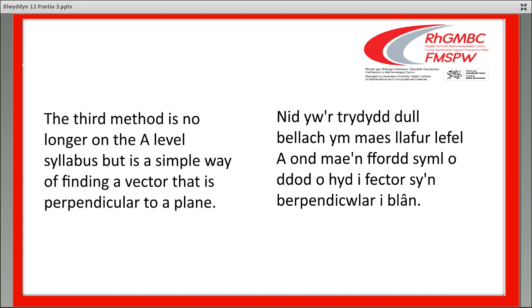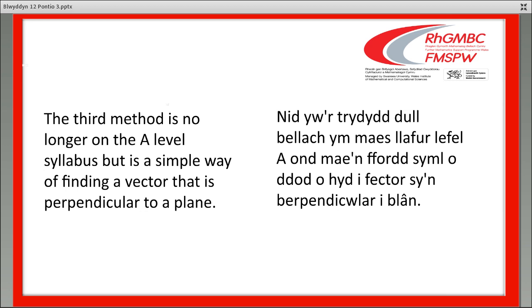Now, the third method, it's not on the A-level syllabus anymore, but it is a simple way of finding vectors that are perpendicular to planes. It does make a lot of that work so much easier. If you've got two vectors in a plane, you can do the cross product of those two vectors and you come up with the answer that is perpendicular to both.